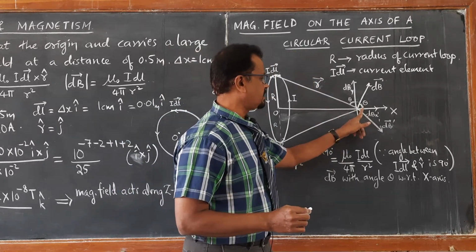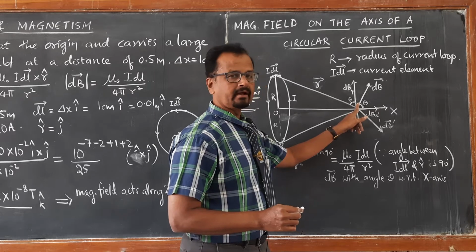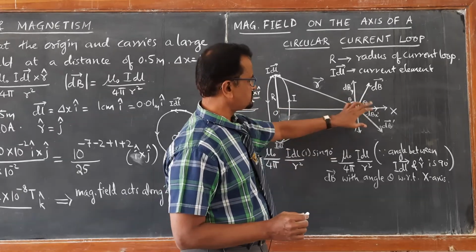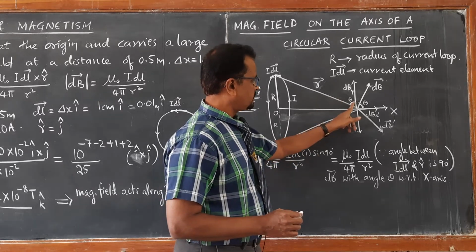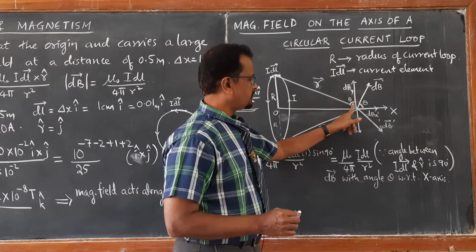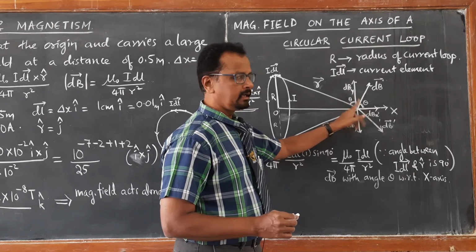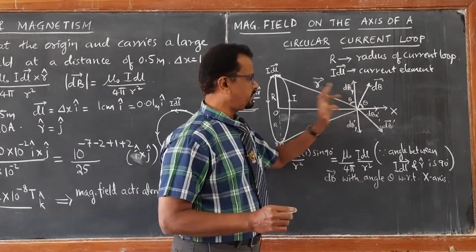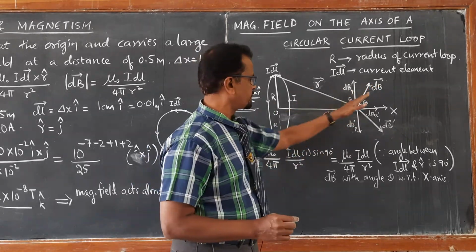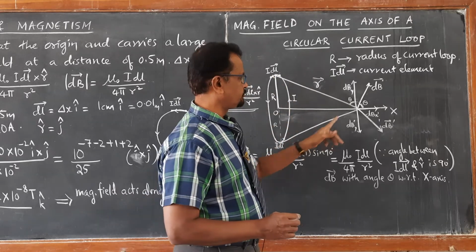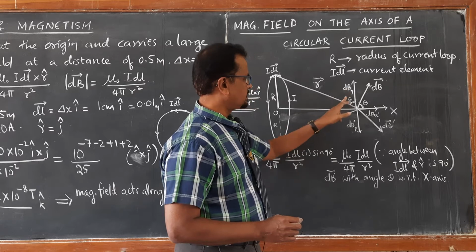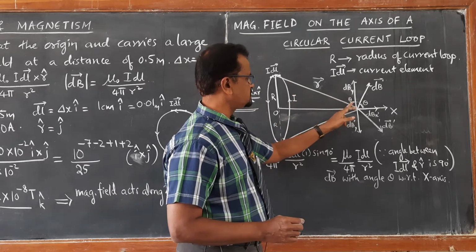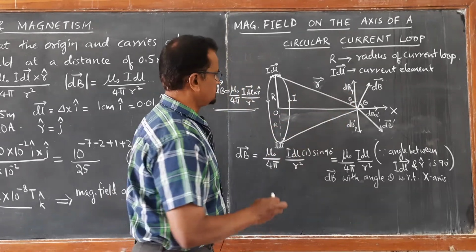This theta angle plus the interior common angle is 90 degrees, because x axis and y axis are perpendicular to each other. In the same way, this interior angle and the common angle again when you add, it is giving you 90 degrees, because dB vector is perpendicular to r vector. Therefore, if this is angle theta with x axis, then exactly r vector also makes angle theta with y axis.